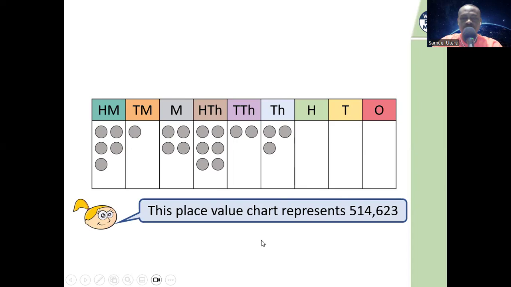Or she may be thinking this is how you write 540 million, because we can clearly see that we have 5 in the hundred millions, 1 in the ten millions, and 4 counters in the millions column. And then we have 6 counters in the hundred thousands, 2 counters in the 10,000s, and 3 counters in the thousands. What about these? What has she not done with them? If we follow what we already know, here is what should happen.